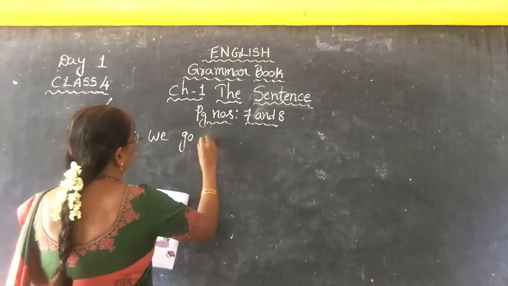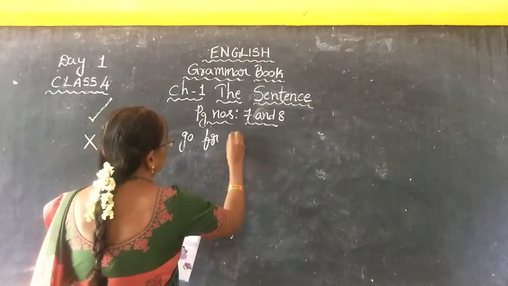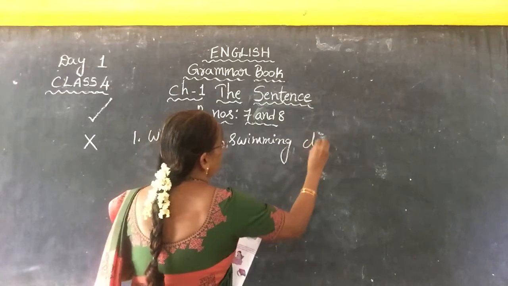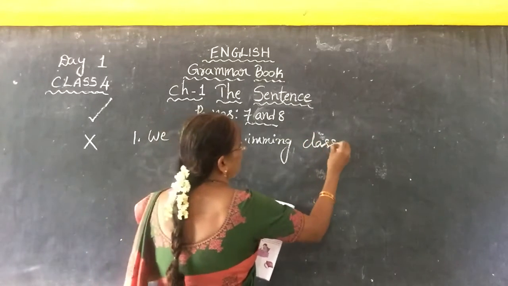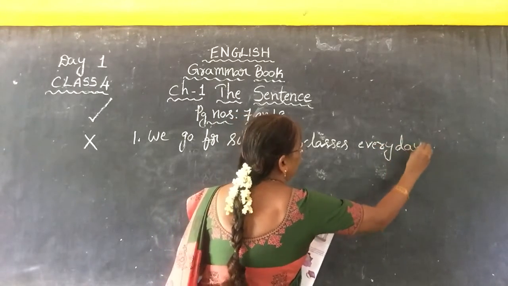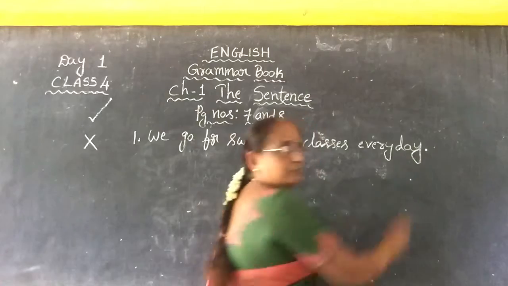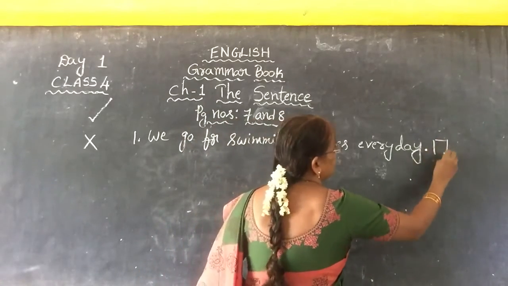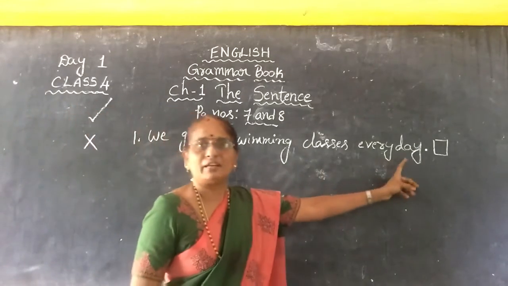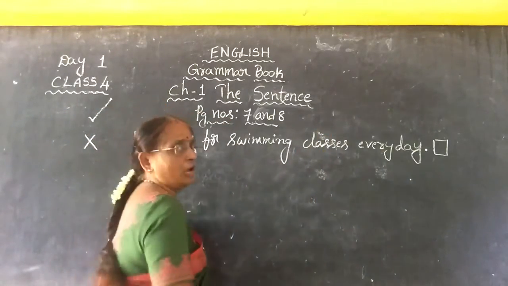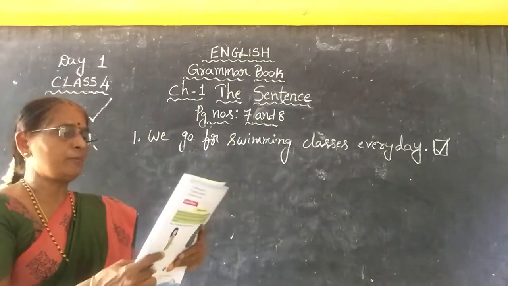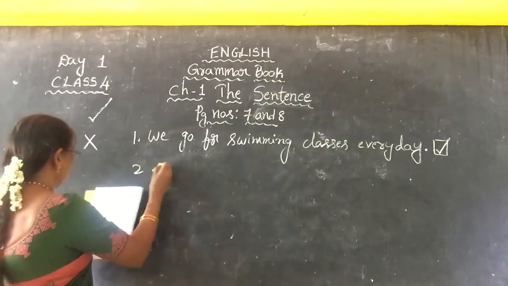We go for swimming classes every day. Full stop. Here they have given a box. So, we go for swimming classes every day. It is a correct sentence. So what do we have to put? Here we have to put a tick mark. Okay. Now coming to the second one. See what the second one is, children?